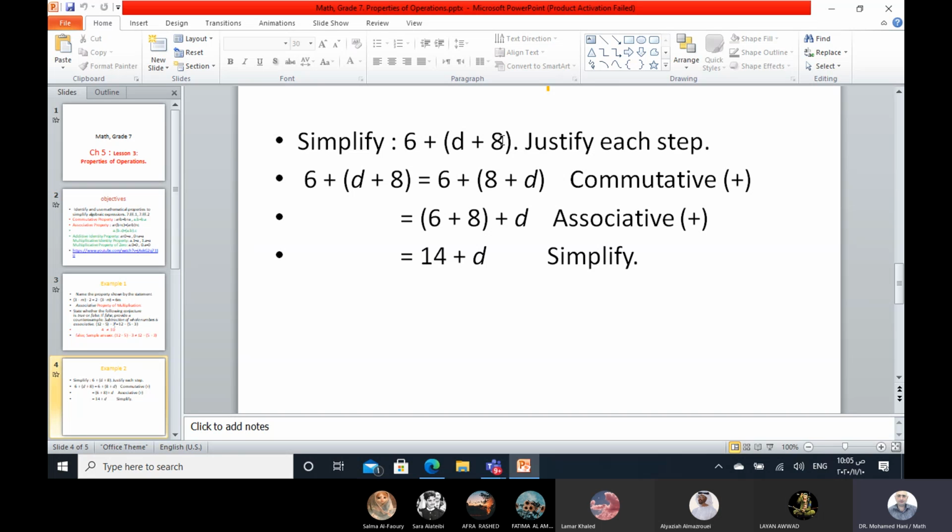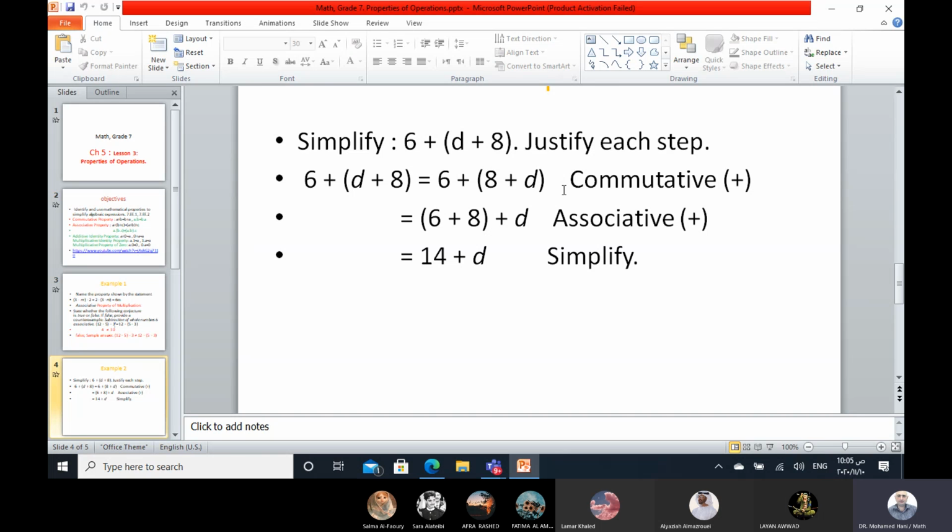So I can use the properties to change the place of the values. I can take 6 and put it inside the parentheses and take d and put it outside the parentheses. So we can change the place of d and 8. We can take d to the right and 8 to the left in the same parentheses.